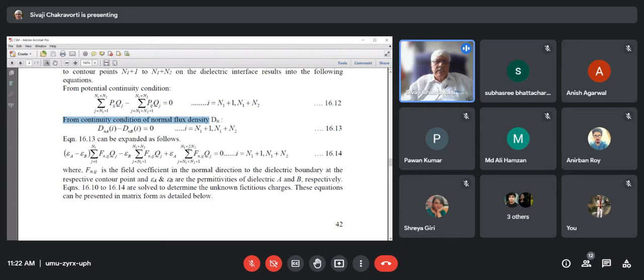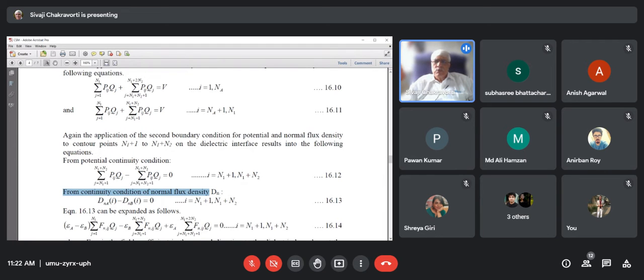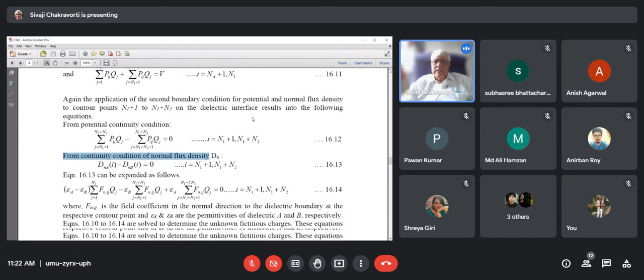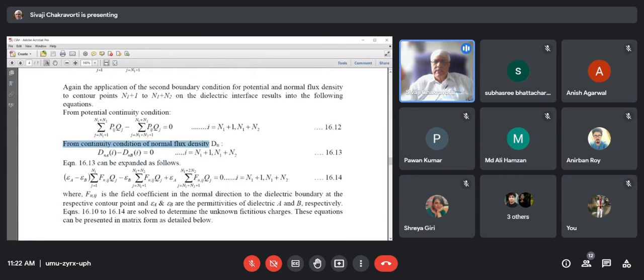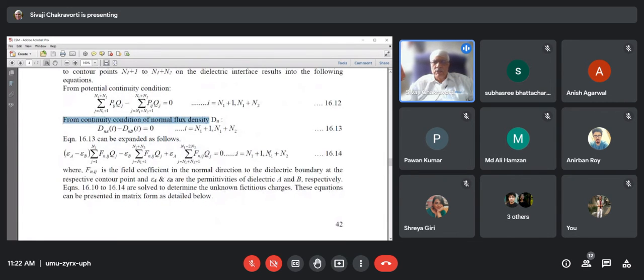If it is equal to charge density, it becomes the Poisson condition. And this is applicable to a point on the dielectric interface. So how many points? N1 plus 1 to N1 plus N2. If I apply this boundary condition, I will get N2 number of equations. So from 16.10 and 16.11, I get N1 equations, from 16.12, N2 equations, and from 16.13, N2 equations. Total N1 plus 2 N2 equations. So that's what we need.